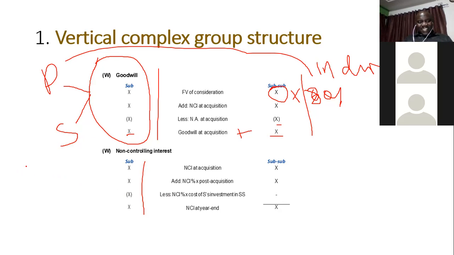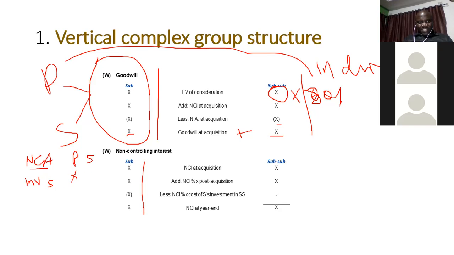Remember how your balance sheet is. You will show under P non-current assets. You have investment in the subsidiary, which you will show as P here, that this is what you have invested.